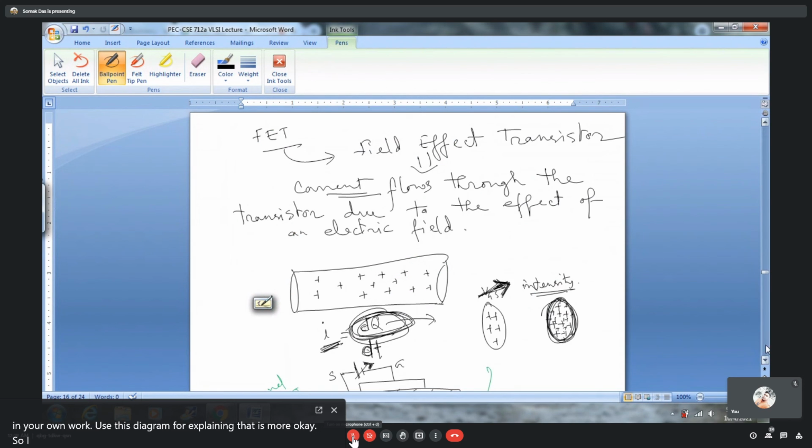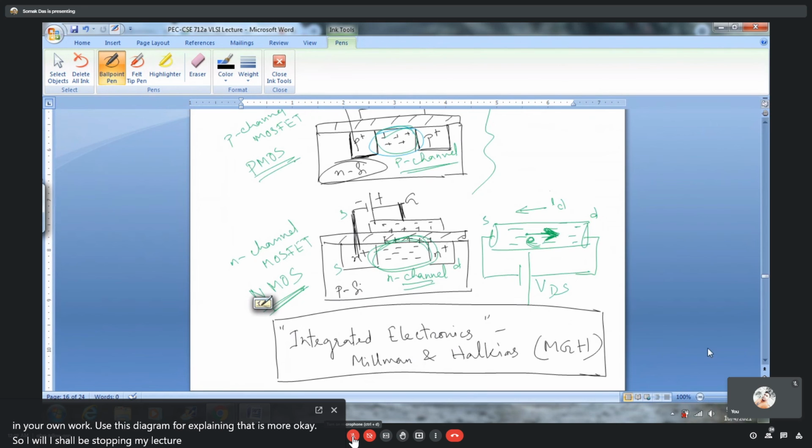So I shall be stopping today's lecture here. Go through this lecture and try to recapitulate it. If you find any confusions, we can discuss them in the next class, and we will move ahead with further discussions of these MOS devices in our next class. Maybe for another couple of classes we will engage ourselves with the semiconductor understanding of the device, and then we will turn towards circuit design.